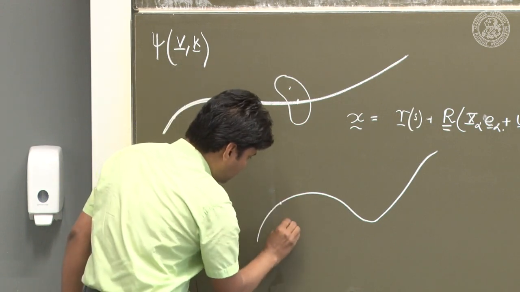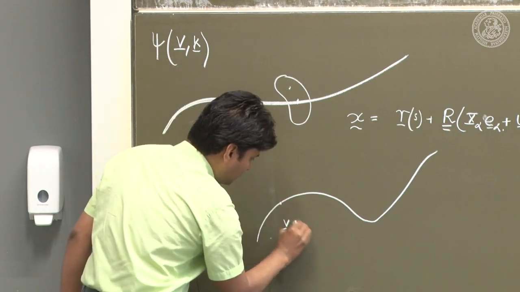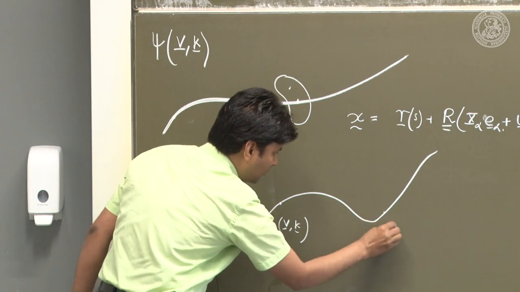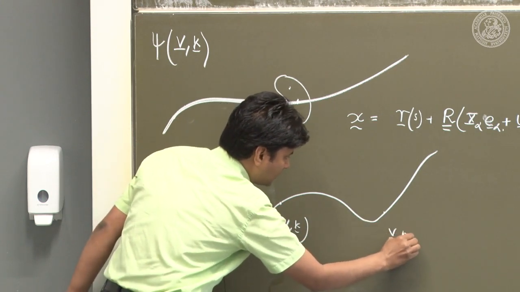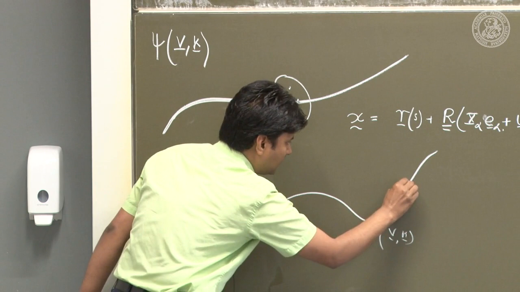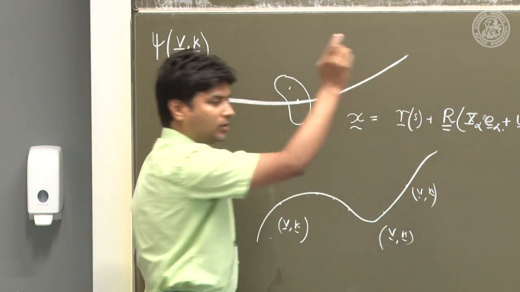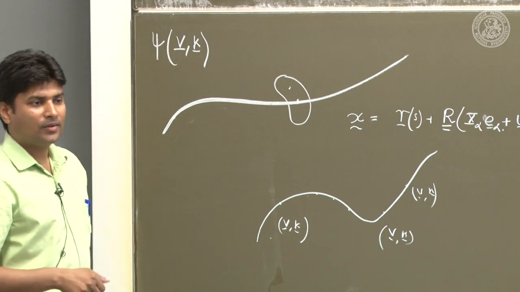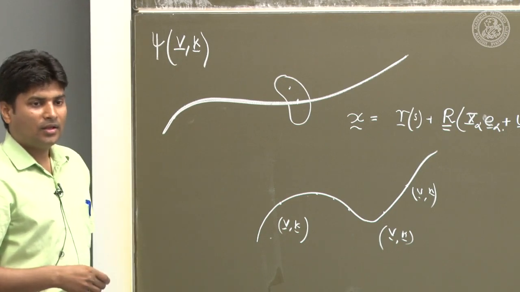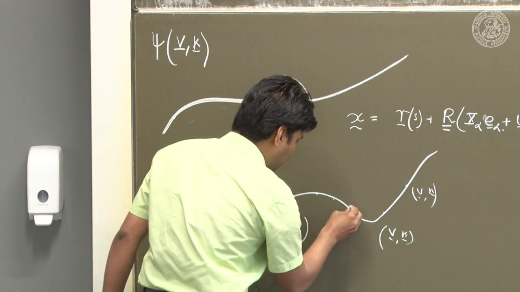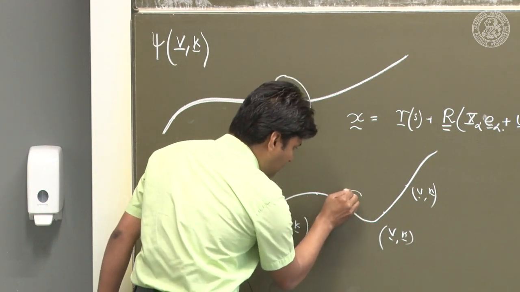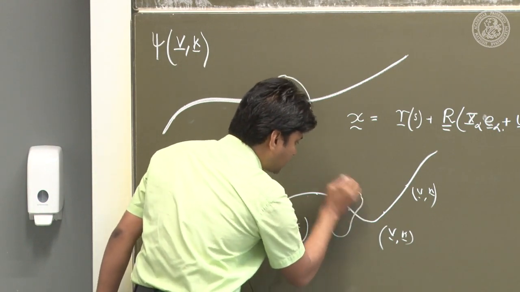Over here it has V and K, here also it has got V and K, here also it has got V and K, every point has same V and K. And suppose that rod is allowed to relax completely.